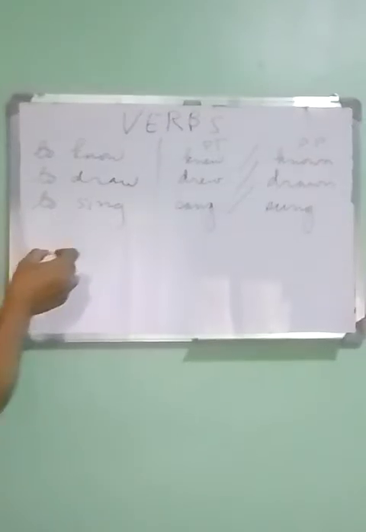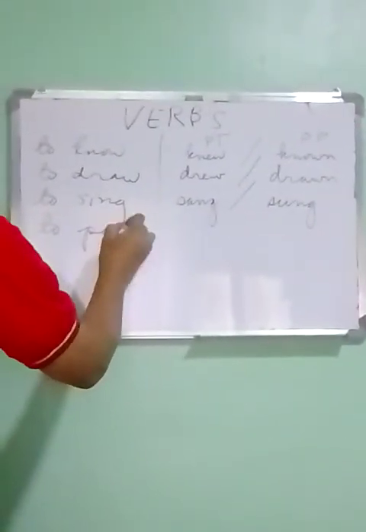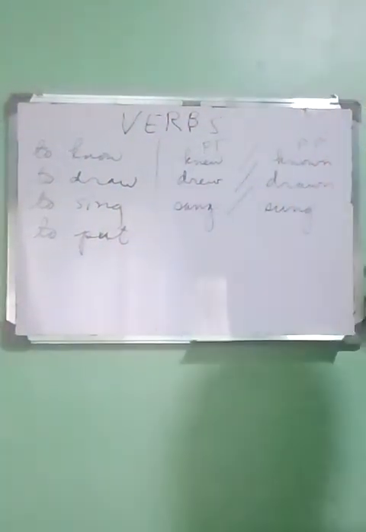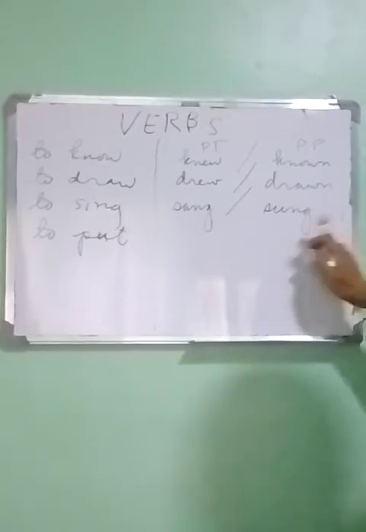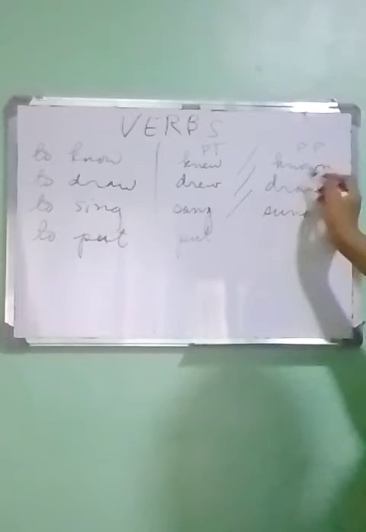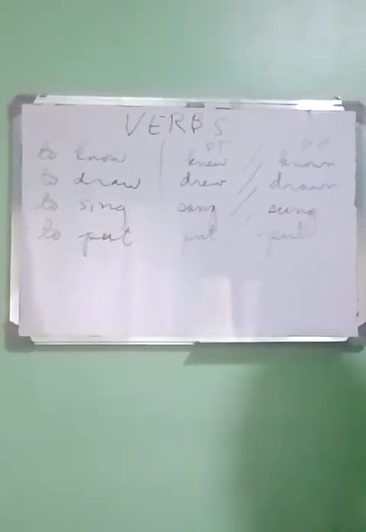What else? The verb to put. This is also an irregular verb. To put, past tense of to put is what? Anyone? Past tense would still be put. Past participle would also be put. Did not change. Clear?